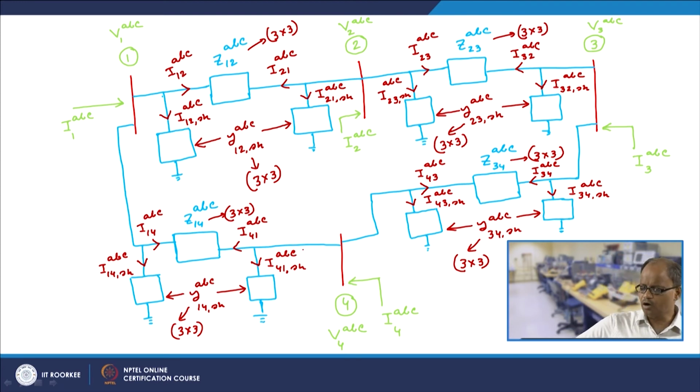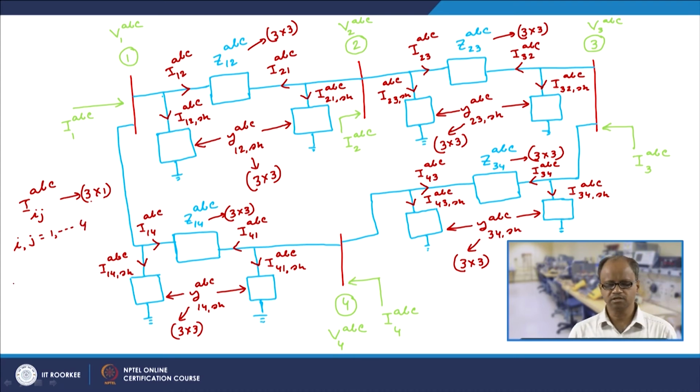Now please note that all these currents are essentially 3×1 vectors. So we note that all these currents Iij ABC are 3×1 vectors, where ij is equal to 12, 23, 34, 41. So when you are calculating these currents, we really cannot say that this minus this into this; we have to write something else.